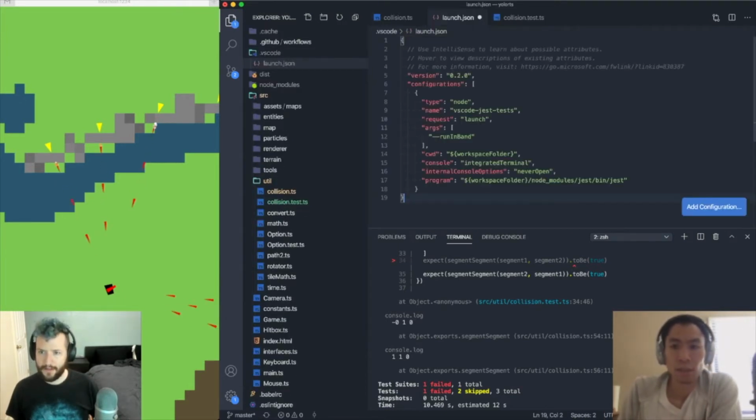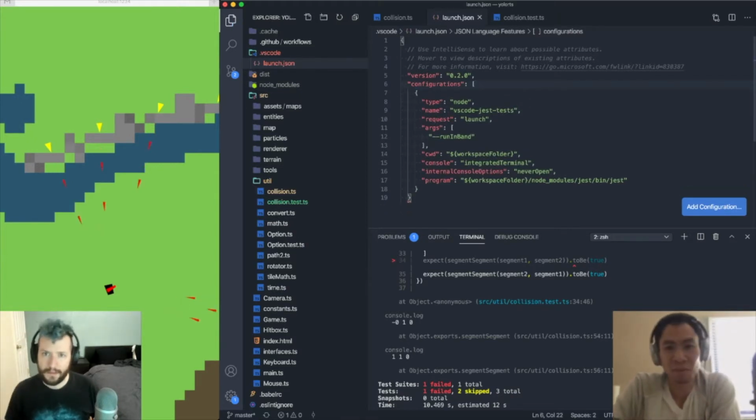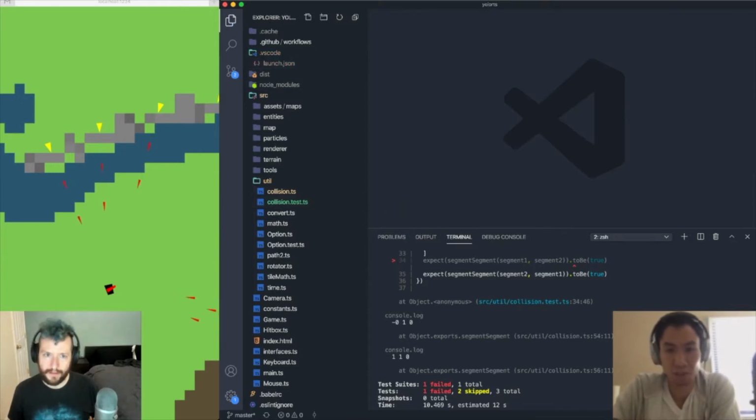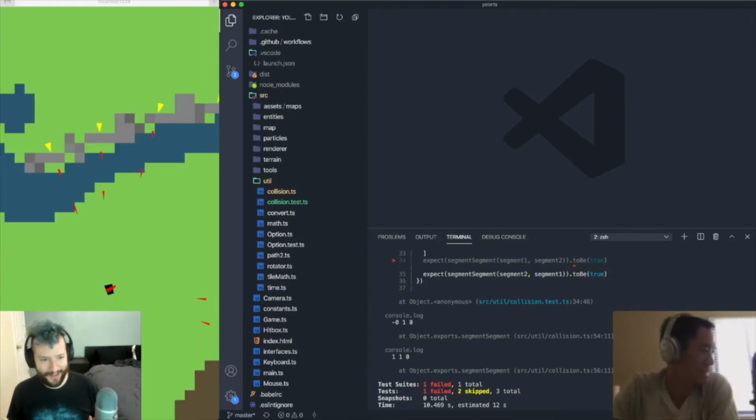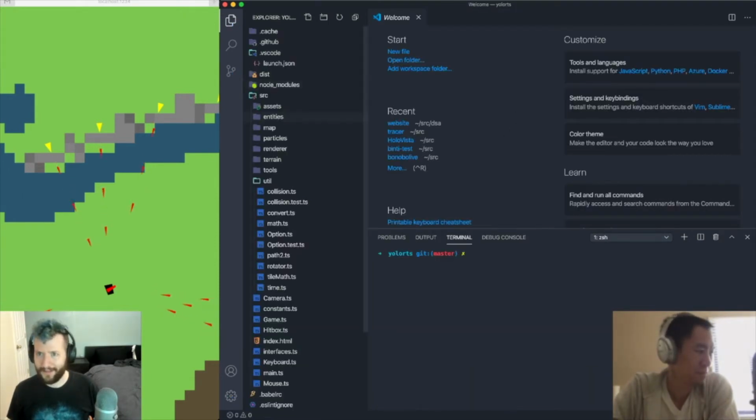Do I need to relaunch my entire project? It doesn't hurt to do that with VS Code. Command Shift P, reload. Oh, I quit the application. Assume it'll come back in a somewhat usable form. Yeah, and it did.